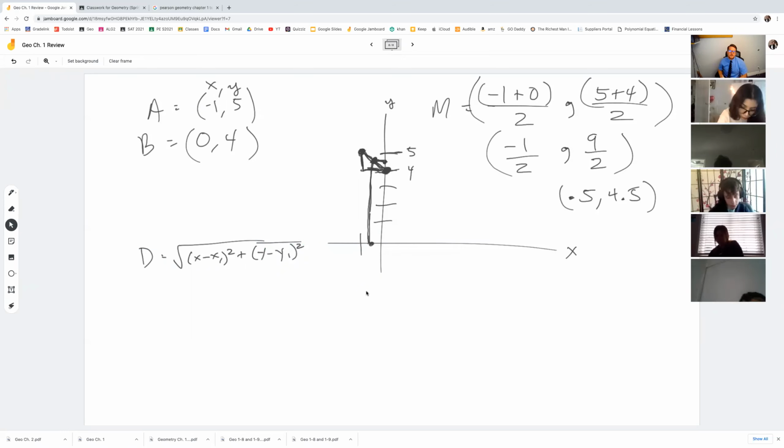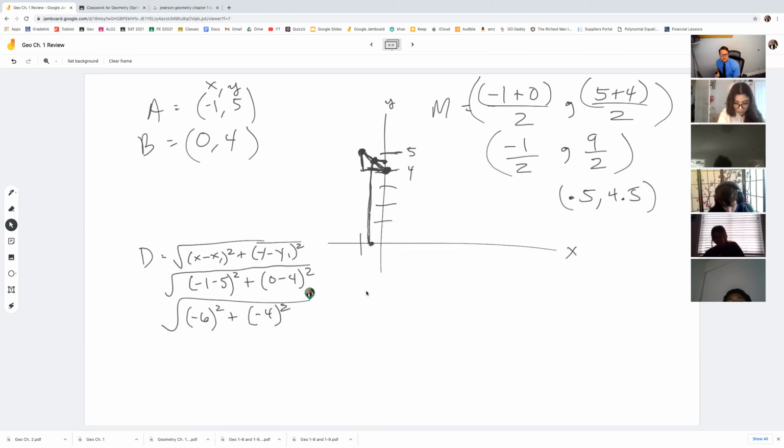Simply just plug in your x's and plug in your y's. -1 minus 5 squared plus 0 minus 4 squared, square root of that. So you have -6 squared plus -4 squared. -6 times -6 is positive 36 plus 16 is 52, the square root of 52.